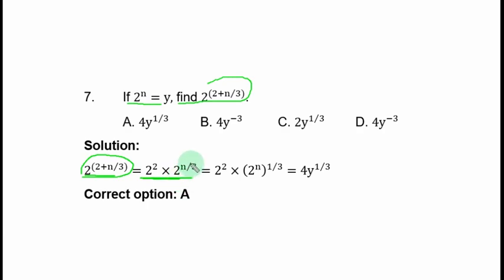Okay, now from here we can get 2 power n if only n over 3 can be written as 1 over 3 times n. So you can factor out 1 over 3 in this form. You see that? So 2 power 2 is 4. This term is equal to y. So you have 4y to the power of 1 over 3. And that is option A.